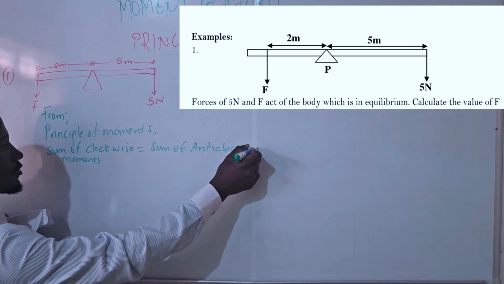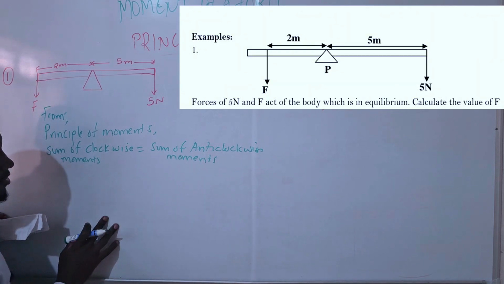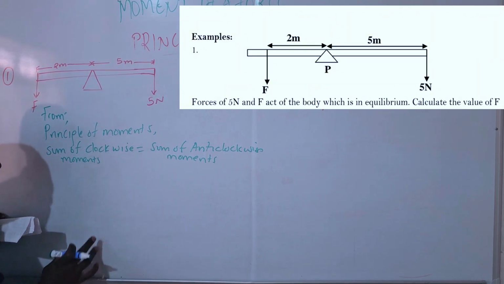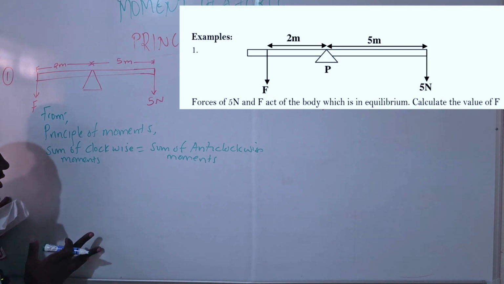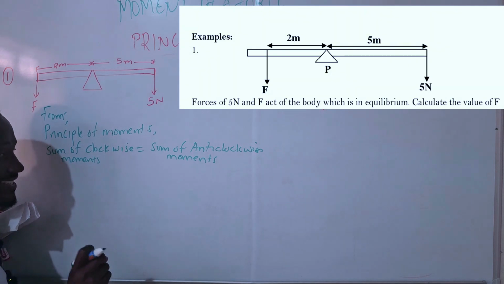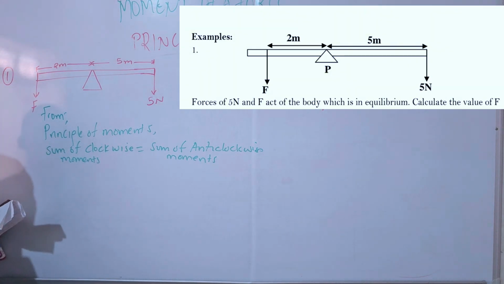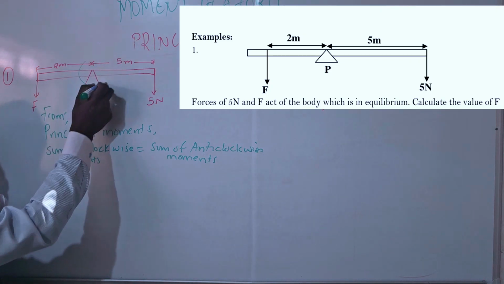Please, you have to first read the question and understand. It's not that in all the scenarios they give you, you'll first write this. Some scenarios will require you to first calculate the clockwise moments only, the anti-clockwise moments only, then check if those moments are equal. Now, step 1, we draw a clock here.